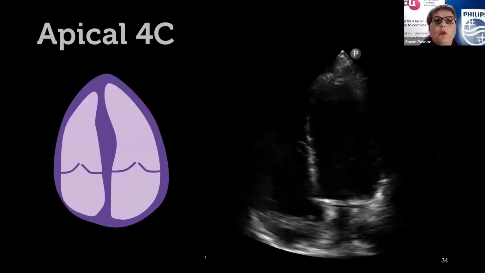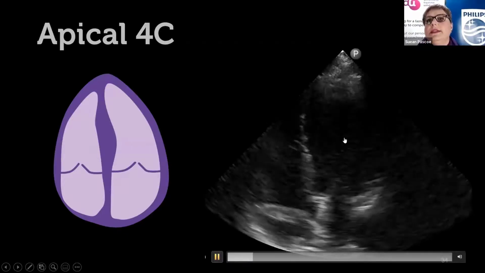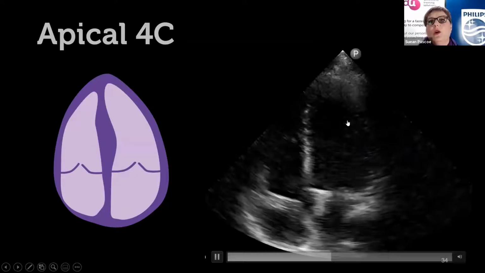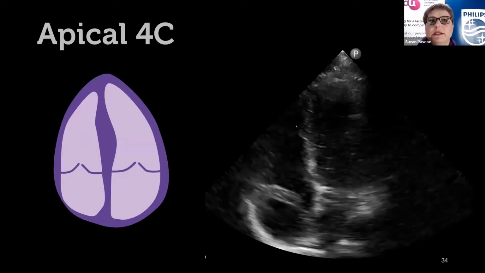On the apical four-chamber view, we're looking at how this part, where the valves are, goes up and down, and we're also looking at which ventricle takes up the most part of the apex. So if we have a look here, this is normal. You can see on this one, the left ventricle occupies most of the area of the apex of the heart, and not so much on the right.